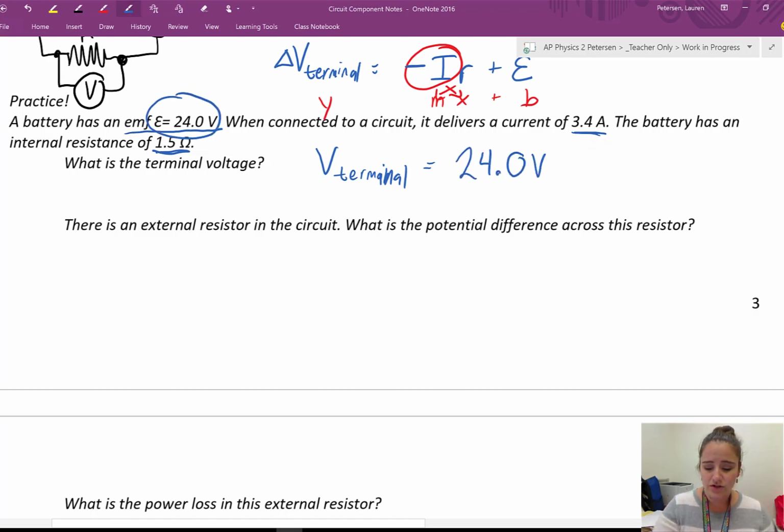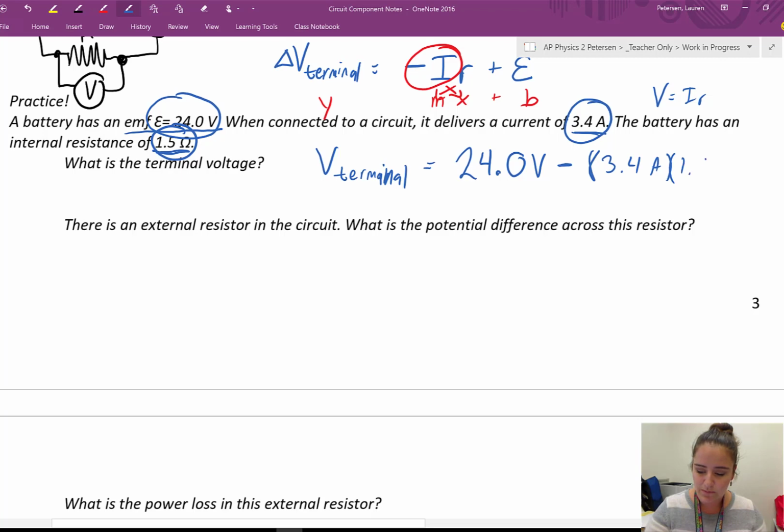So hopefully we get 24.0 volts. But we know that's not true because some of the energy is going to be eaten up by the battery. So we can use V equals IR. It would be 24 volts minus the voltage lost in the battery, which is 3.4 amps times 1.5 ohms. Because at higher currents, that internal resistance is going to have a lot more of an impact.